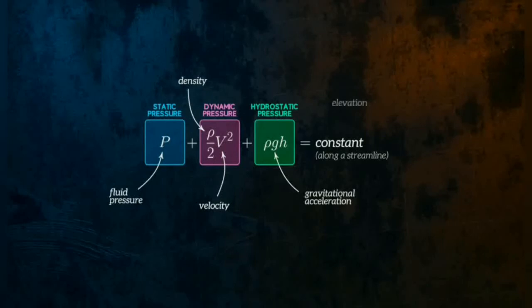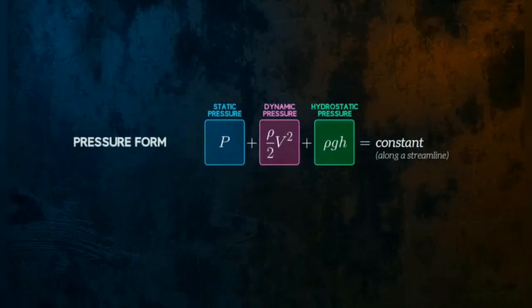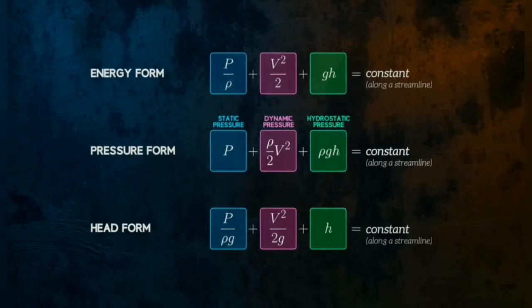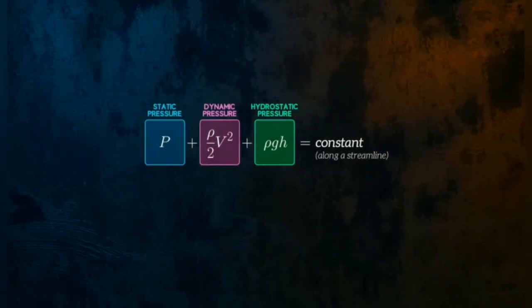Small g is the acceleration due to gravity and h is the elevation, which is just its height above the reference level. This is the pressure form of the equation, but it can also be presented in the head form and the energy form. We can think of Bernoulli's equation as a statement of the conservation of energy.